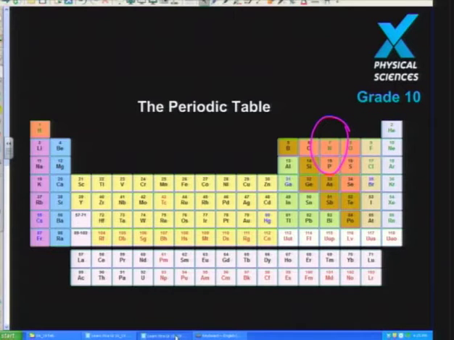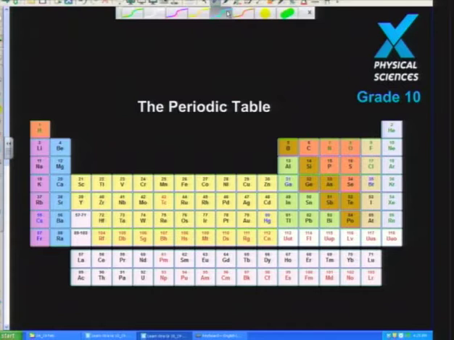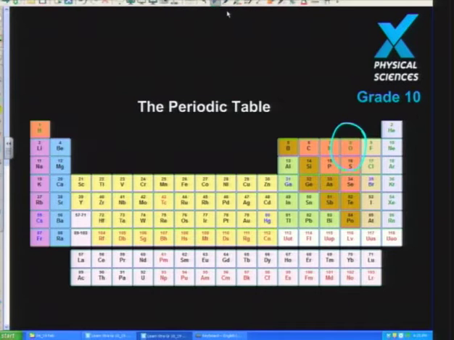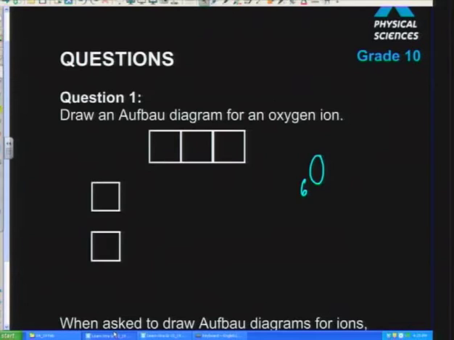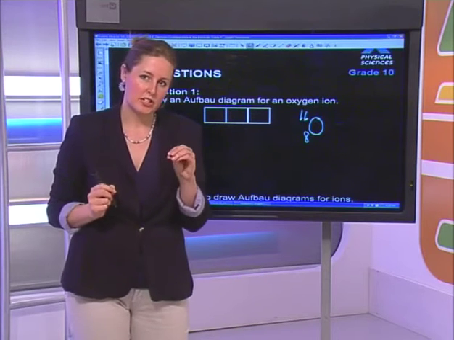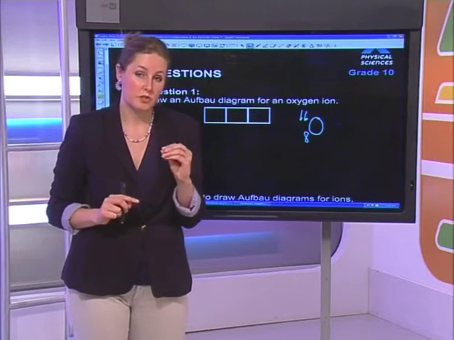I think it was 8. I was looking at carbon for a second there. We are considering oxygen, which is 8. So going back here, this should be oxygen 8 and 16.